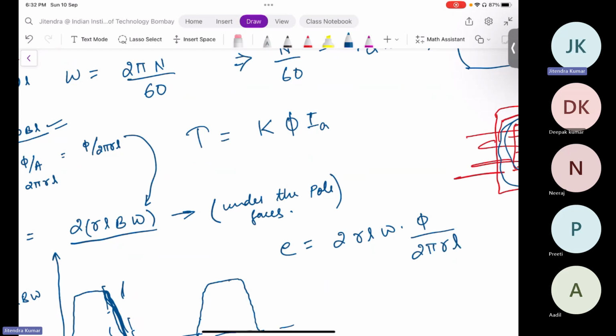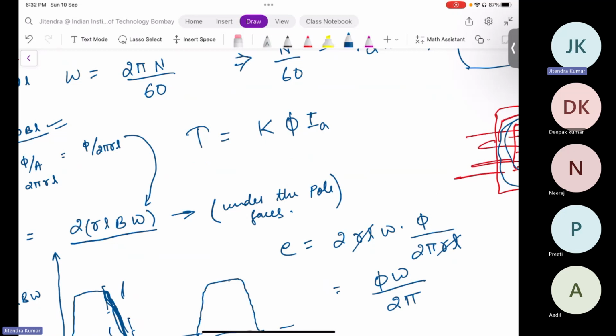Okay, so RL and RL will cancel out, and you have pi omega by 2 pi.